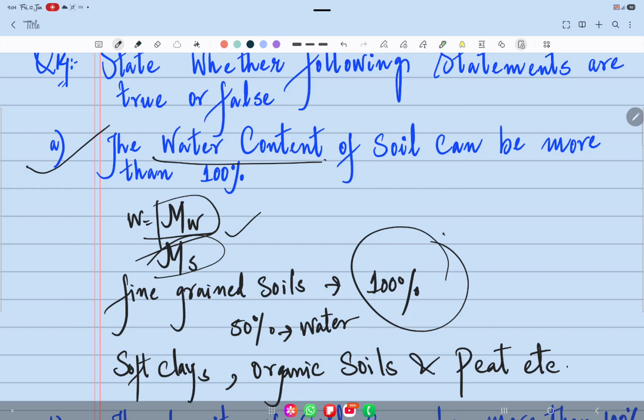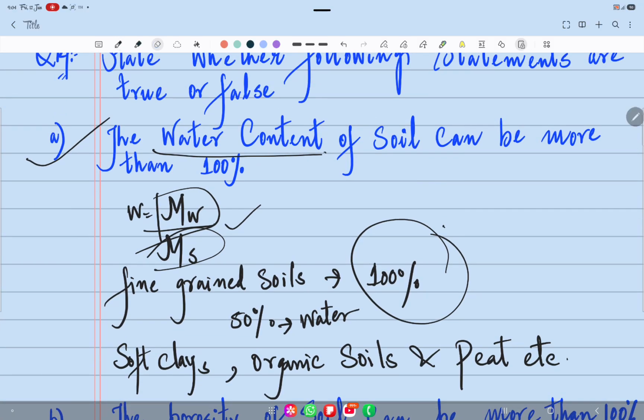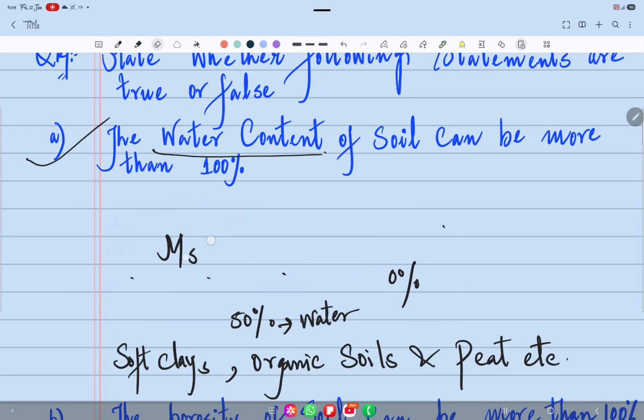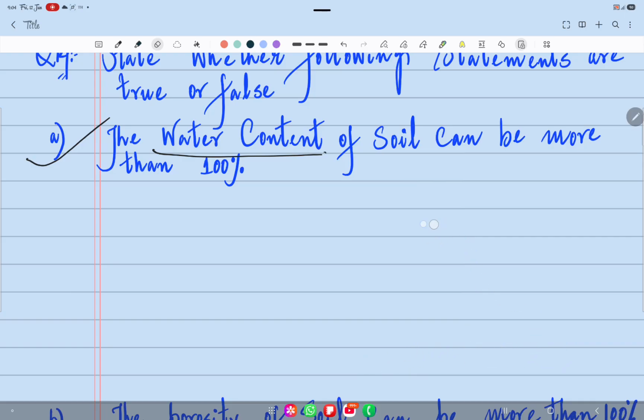Let's take an example and see if this is true. I'll let you know by means of a small numerical.